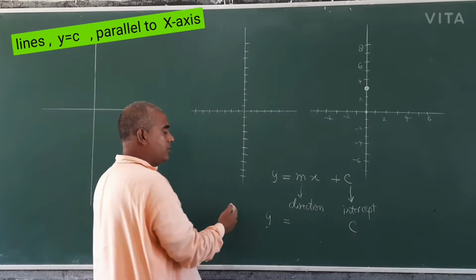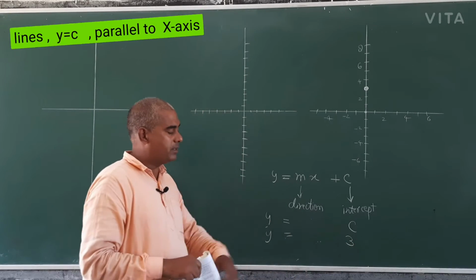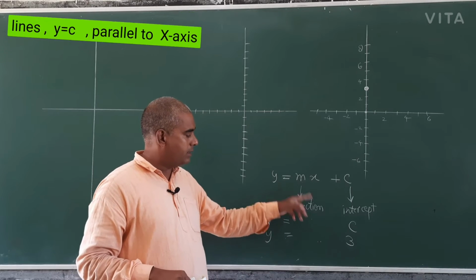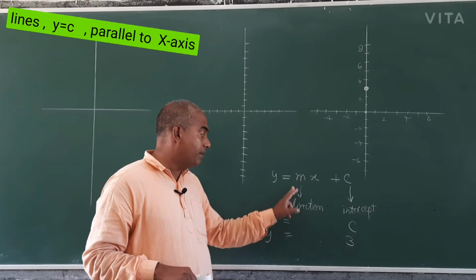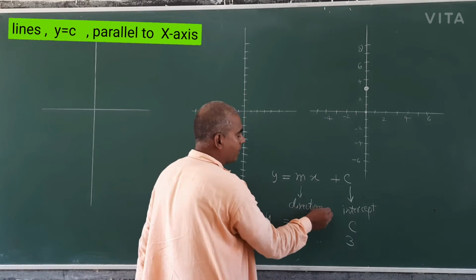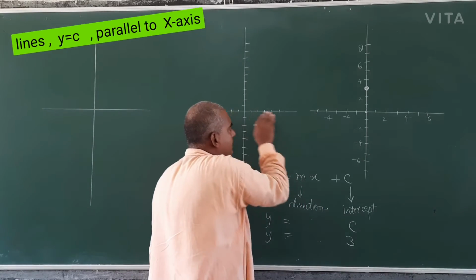And in two variables, the question was y is equal to 3. In two variables, x is here, but m is equal to 0. So m is equal to 0 means 0 direction. 0 direction means x axis.